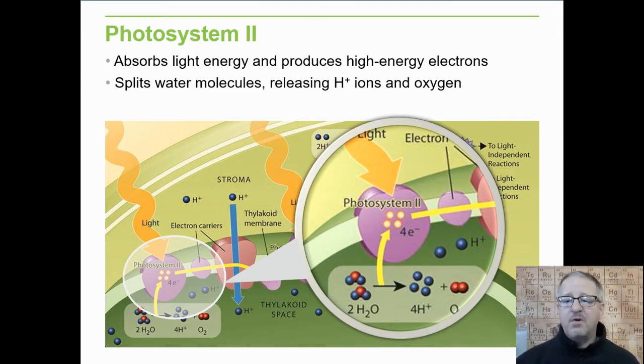So as plants remove those electrons from water, oxygen is left behind, and that's released into the air, which is good for us because we need oxygen, right? And that reaction is the source of nearly all of the oxygen found in Earth's atmosphere, believe it or not.